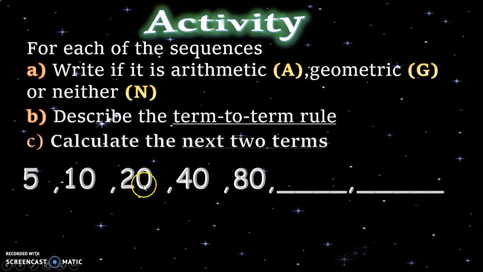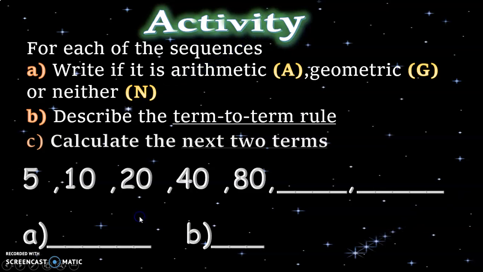So 5, 10, 20, 40, and 80. Okay, so A, what do you think is the type of sequence? See that 5 and 10, the difference is 5. But going to the next term, 10 and 20, the difference is 10. So they don't have the same or common differences.